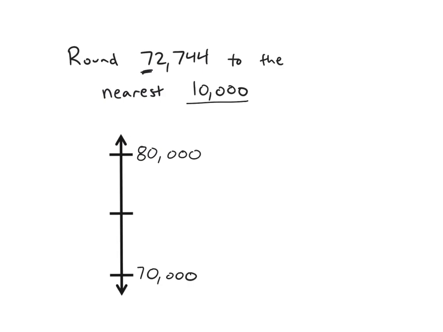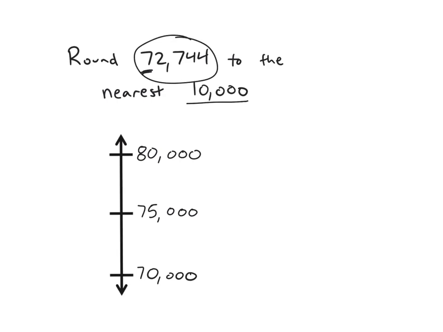And since the gap between the low number here and the high number up here is 10,000, the midpoint would be 75,000 or 5,000 between the two. So now that I have my upper limit and my lower limit and my midpoint, I can plot my original number up here on this vertical number line and see if I'm going to be rounding down or up.